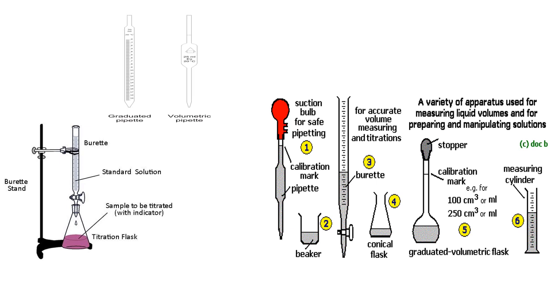Then towards the right, you see the other apparatus, the measuring cylinder and everything, labeled. They will be used for transferring liquids from one container to another for the purpose of the titration.